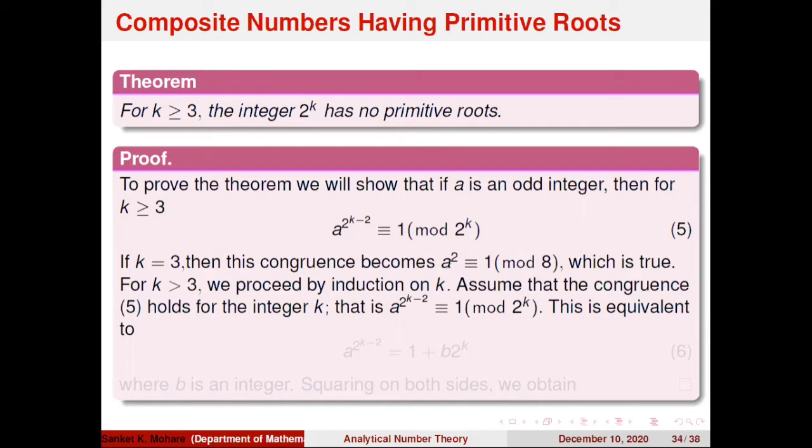The first odd integer is 1: 1 squared is 1, and 1 is congruent to 1 mod 8. Similarly, if I put 5, 5 squared is 25, and 25 is congruent to 1 mod 8, as the difference of 25 and 1 is 24, which is divisible by 8. So for any odd integer a and k equals 3, equation 5 holds. That's why this congruence is true for k equals 3.